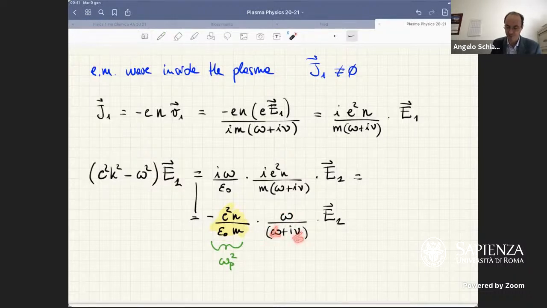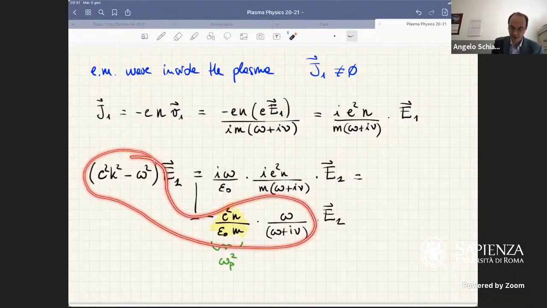And let's put everything together. Obviously, as before, we are seeking a solution where E1 is non-trivial. So we can simplify this. And what remains is the dispersion relation.